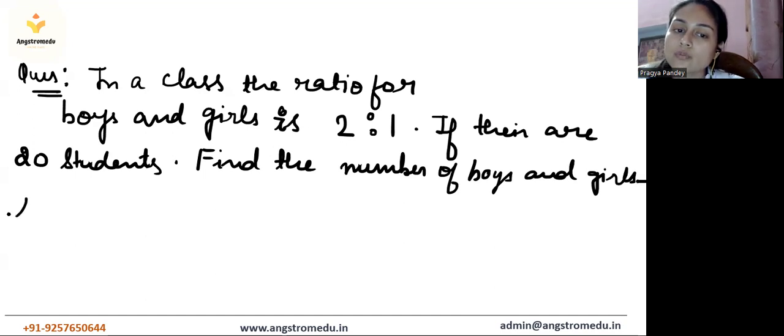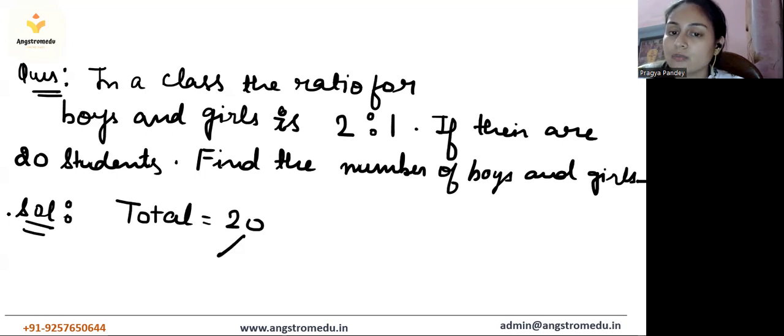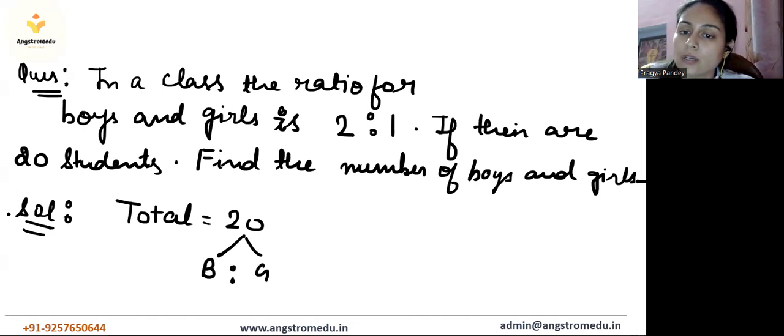So what you are supposed to do here, I'm writing the solution over here. The total is given to you. Total is what? 20 students. So of 20 students, a few are boys and a few are girls, but we don't know how many are boys and how many are girls, but we know the ratio for it. So boy is to girl is given to us, which is 2:1, let's say.